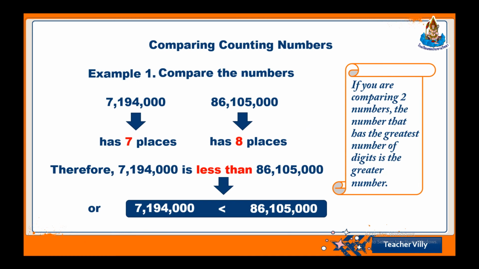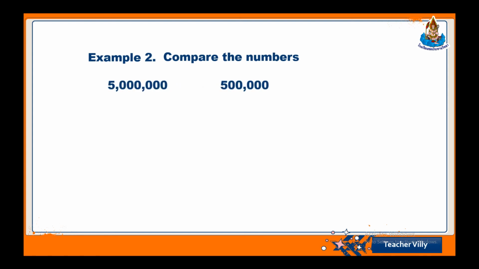Okay. So let's move on to our example number 2. Let us compare the numbers 5 million and 500,000. 5 million has 7 places or 7 digits, and 500,000 has 6 places or 6 digits.